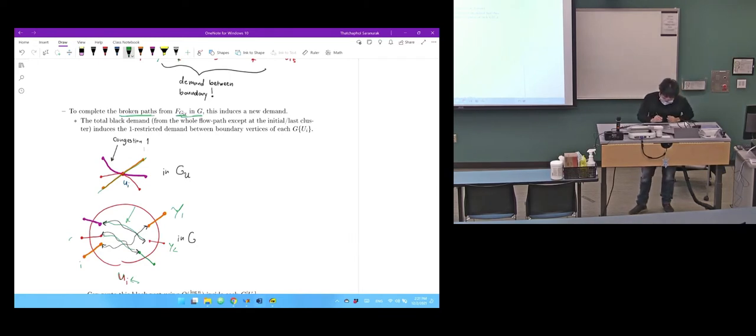But what is the demand here? Note that it's going to be like this guy wants to send maybe one unit to this guy. This guy wants to send 1 unit to this guy, and so on. Right? That's what I mean by one restricted. Why is it one actually? Why is it not more than one?